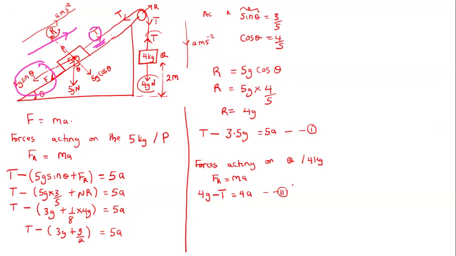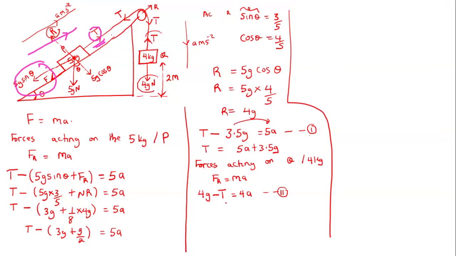So what are we going to do? We are going to solve these two equations simultaneously such that we can be in position to get what our T is. So there are two options. Either you make T the subject and you substitute here. So I can do it. From this equation, you notice that T is the same as 5a plus 3.5g, from equation 1. I've taken the 3.5 this side.